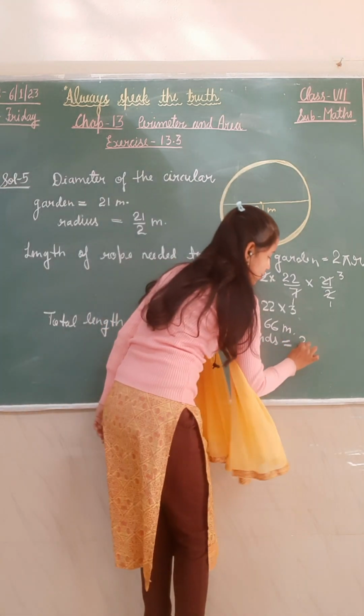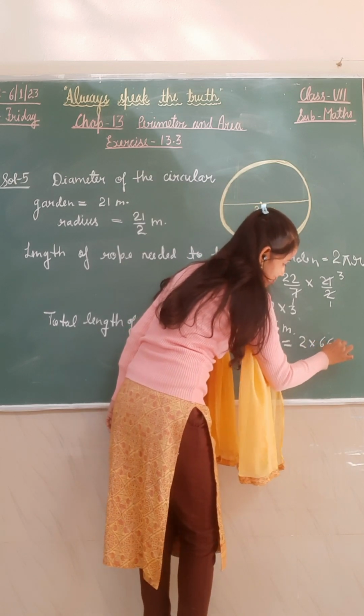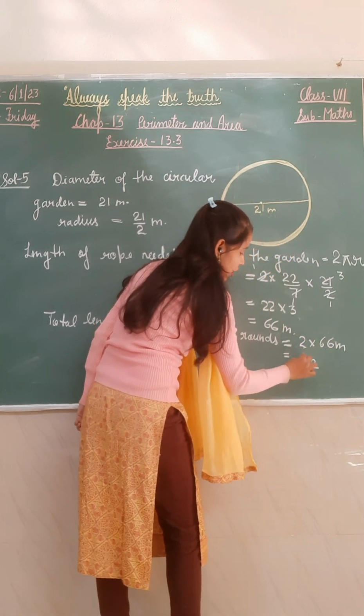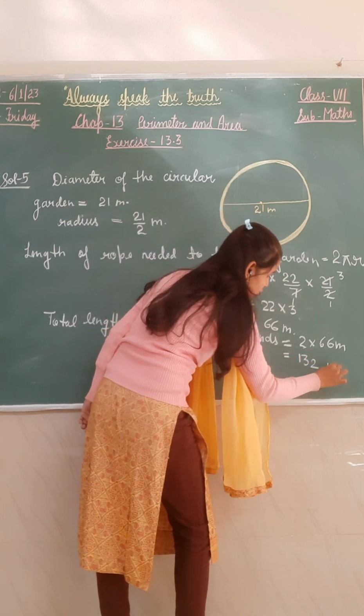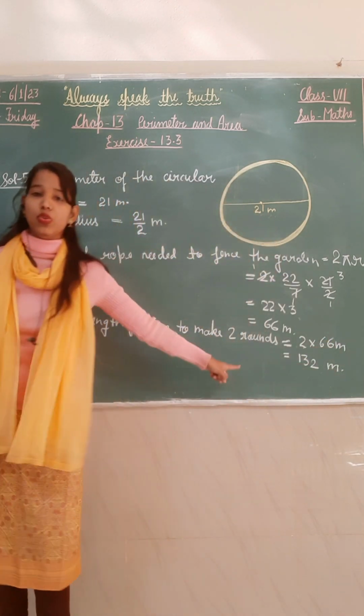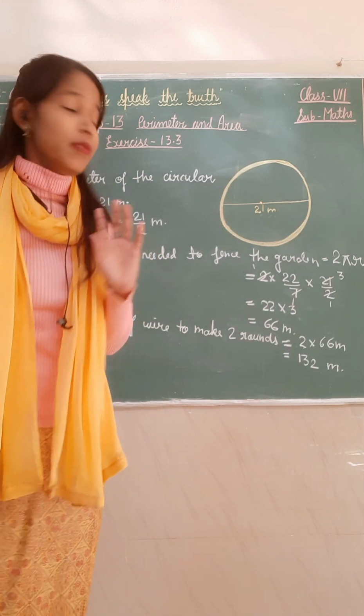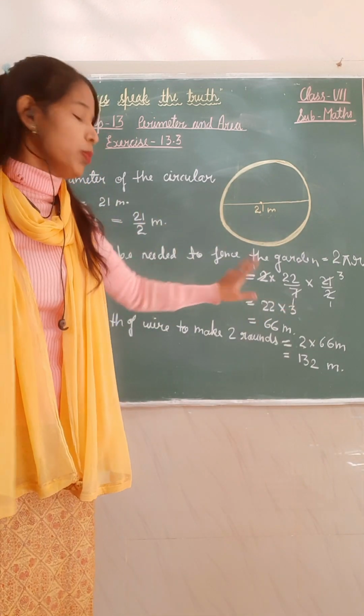So it is 2 into 66 meter, that is 132 meter. Okay? That means he needs 132 meter of rope.